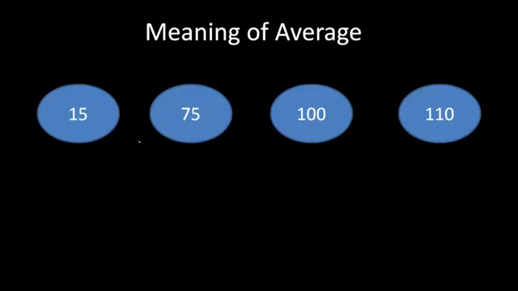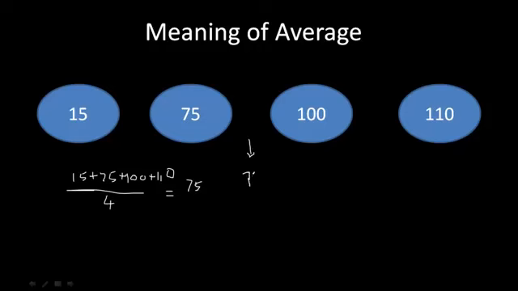If you calculate the average of these numbers, 15 plus 75 plus 100 plus 110 divided by 4, you get your average to be 75. Now let us understand what exactly 75 is.